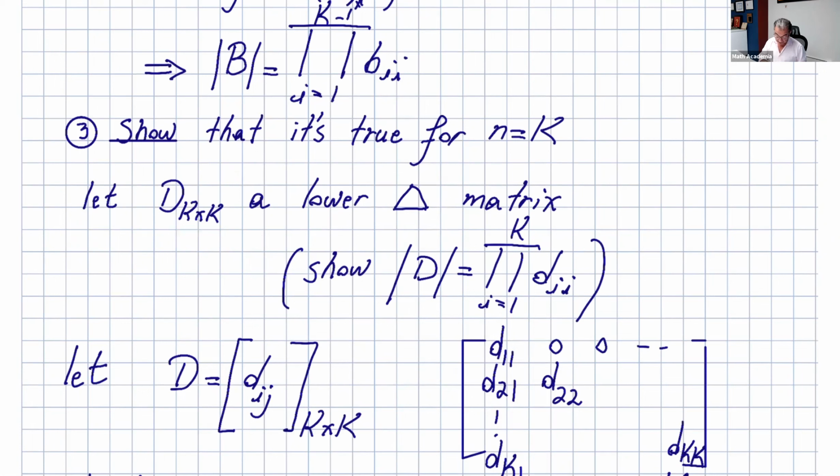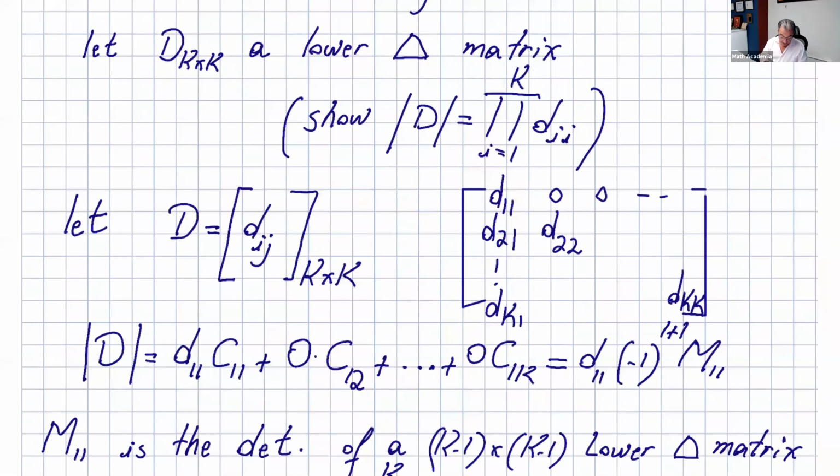And we want to show that the determinant of D is going to be the product from i equals 1 to k of d_ii, again the product of all the entries. We want to see if that's true. So now I wrote D in compact form. It's a k by k matrix, and of course, we have zeros everywhere in the upper triangle, and we have the lower triangle with the entries.